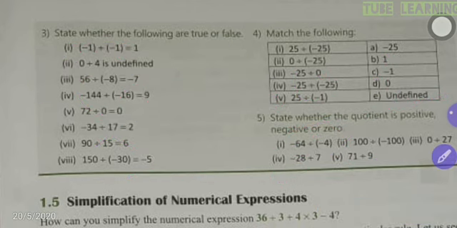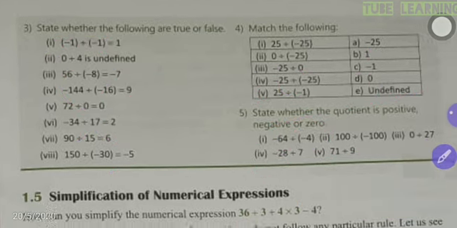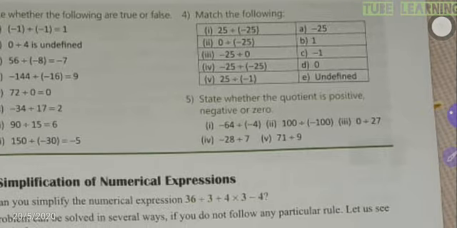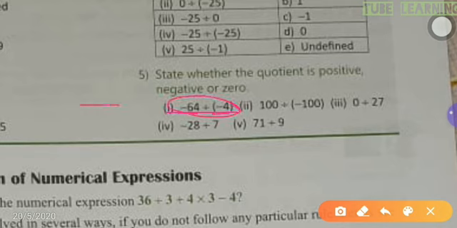So next, fifth number, what is given: state whether the quotient is positive, negative or 0. We only have to write the sign. Minus 64 divided by minus 4, negative integer divided by negative integer, same sign, so our quotient will become positive. Second, 100 divided by minus 100, one is positive, one is negative, so the quotient will become negative.